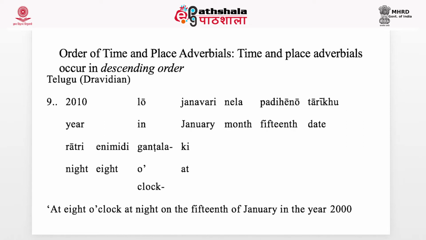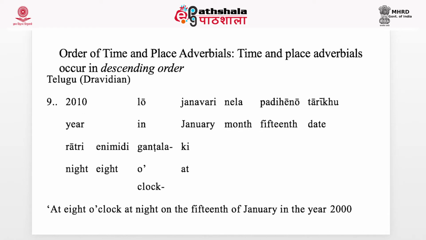Sentence number 9 shows you first the year 2010, then January, a month, then the 15th date, then night, a smaller chunk, then 8 o'clock, another smaller chunk. That means you are going from the year to the month and month to day and then day to part of the day and the time.